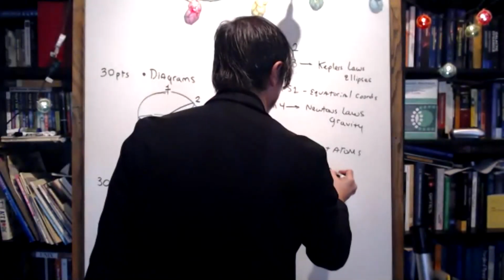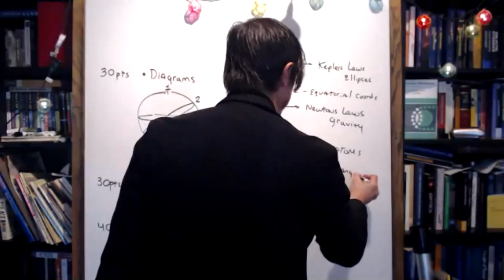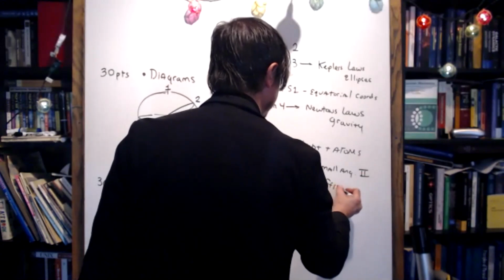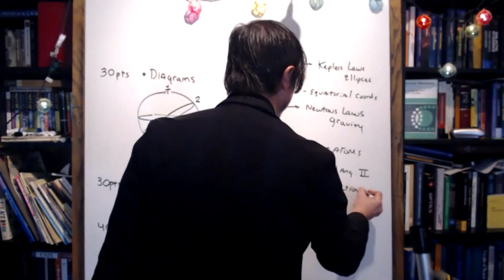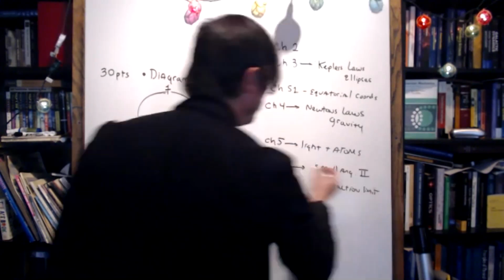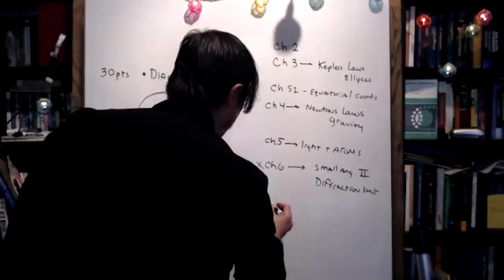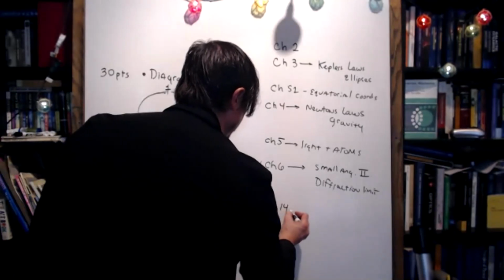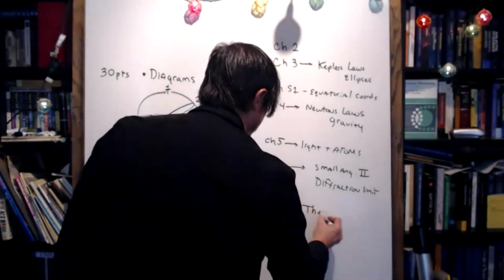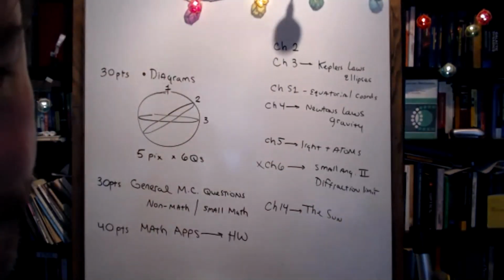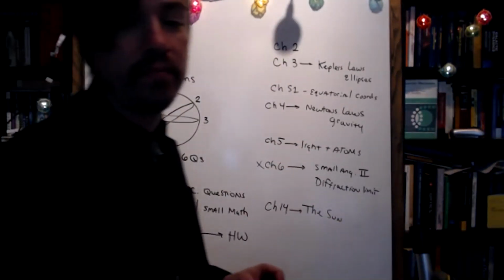One is the small angle formula, part 2, and the other is the diffraction limit. Those 2 formulas will most definitely be on the test. And lastly, the chapter that we've done these weeks, chapter 14 on the sun, up into and including the 3 steps of the proton-proton chain.